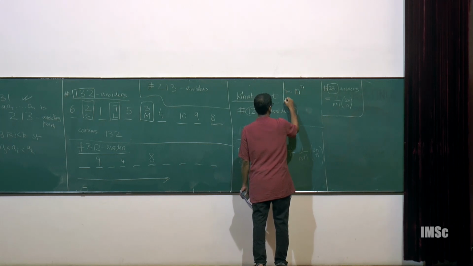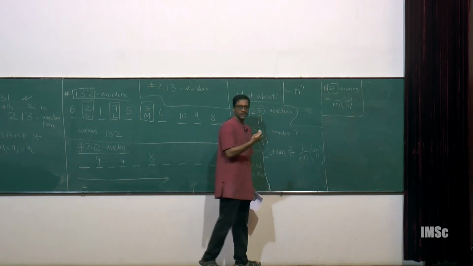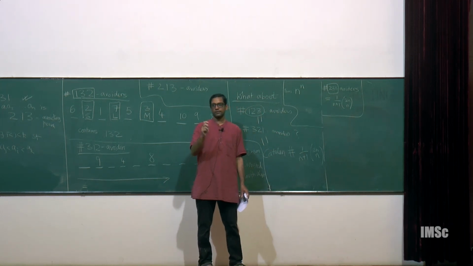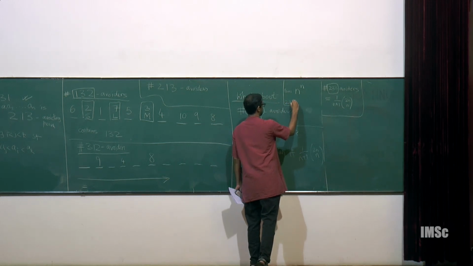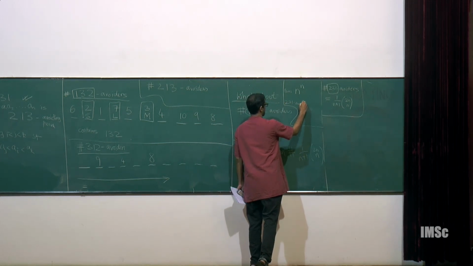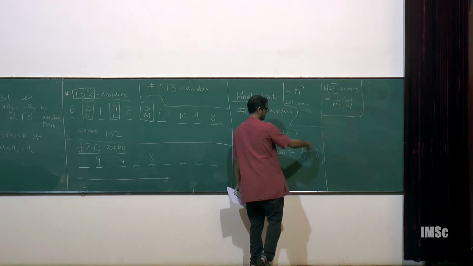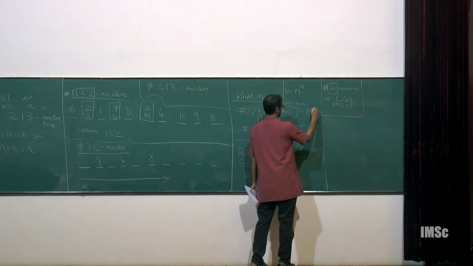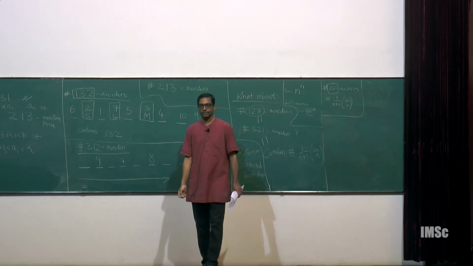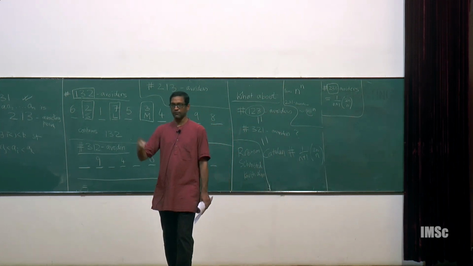But as soon as you impose just this simple criterion, that it should avoid this particular pattern, say 2, 3, 1 avoiders, it's like the Catalan number, and if you expand this out in full, you'll see this is like some constant power n. So this actually falls dramatically.